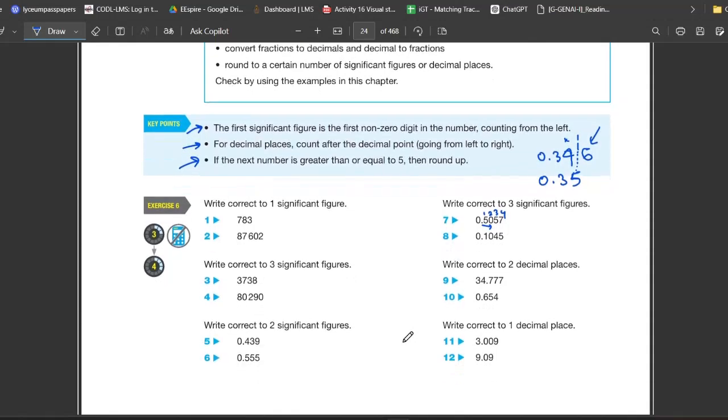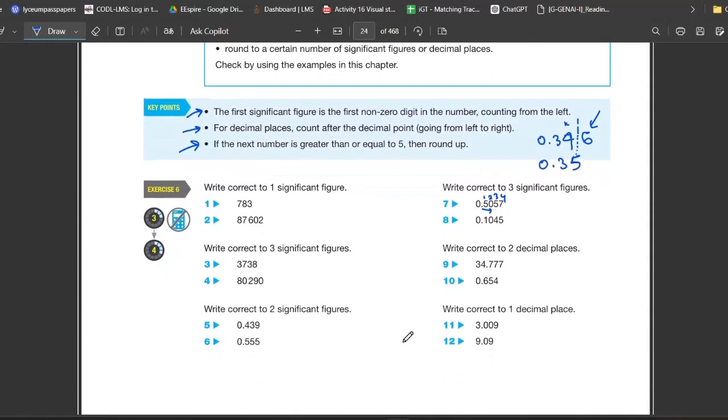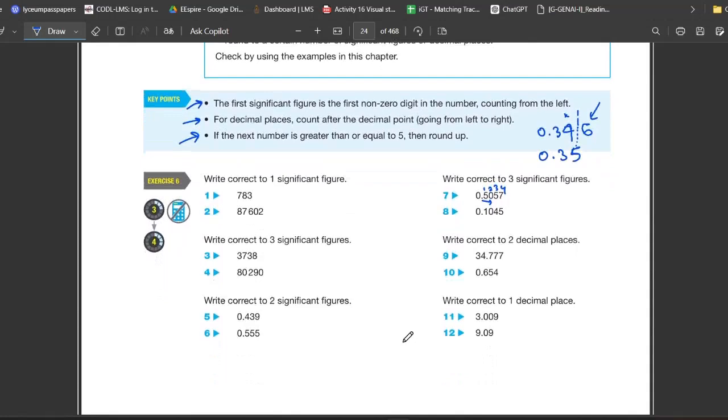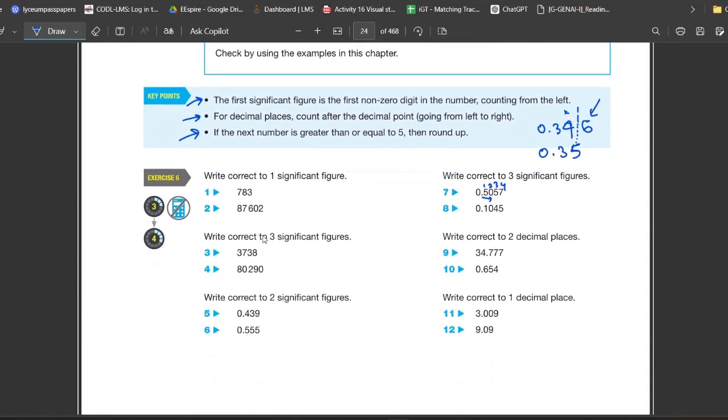Let's do some examples. Write correct to three significant figures. Three significant figures means starting from the left, three digits from the first non-zero number. So this is the first significant figure. Even if there is a zero after the first non-zero number, it doesn't matter.